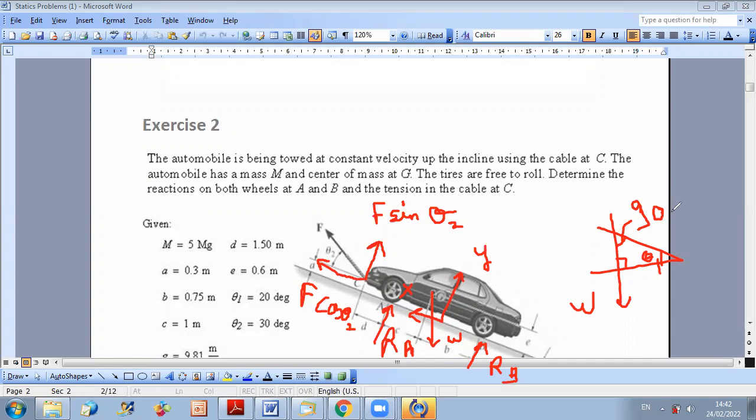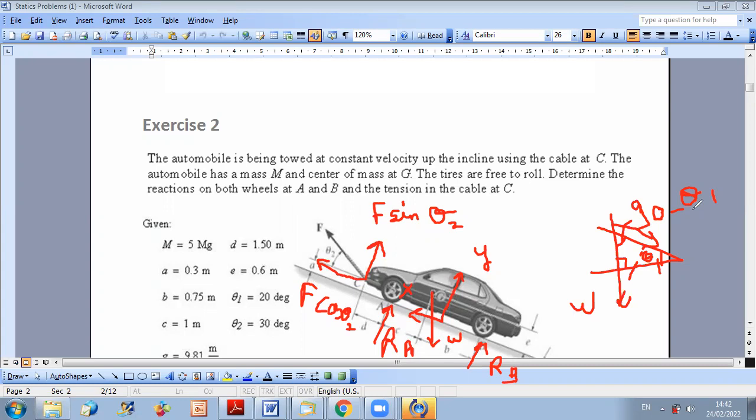So when you project the weight along the incline, along X, it's a negative projection because we considered X upward. So the projection of W on X is negative, and we do minus W cosine of 90 minus theta 1, or sine theta 1.